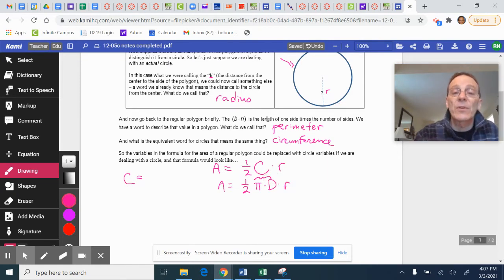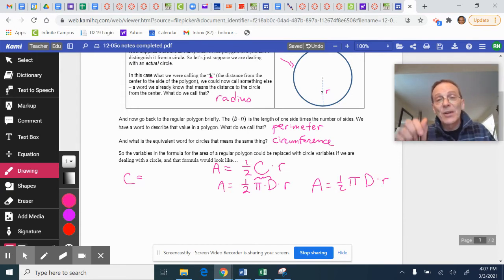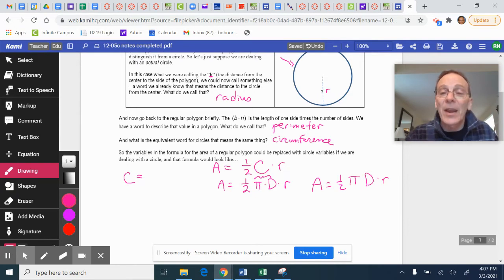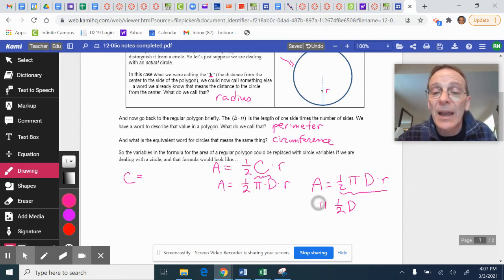So here's a formula for the area of a circle, which I'm sure you also have never seen before and are not familiar with, because we can still keep turning this formula into something more familiar, right? All these terms are being multiplied together, so we can just change up the order of the multiplication, can't we? It doesn't matter what order we multiply things in. So I'm going to put the 1/2 and the d next to each other. I'm going to put the pi out in front. I'm going to put the r out here.